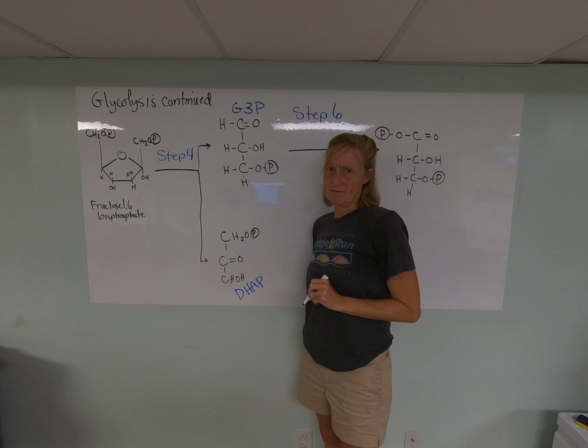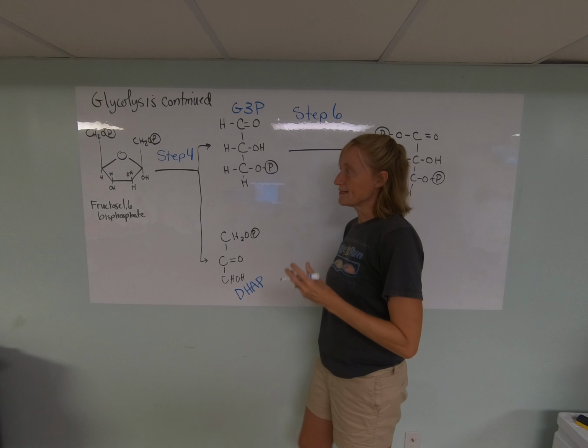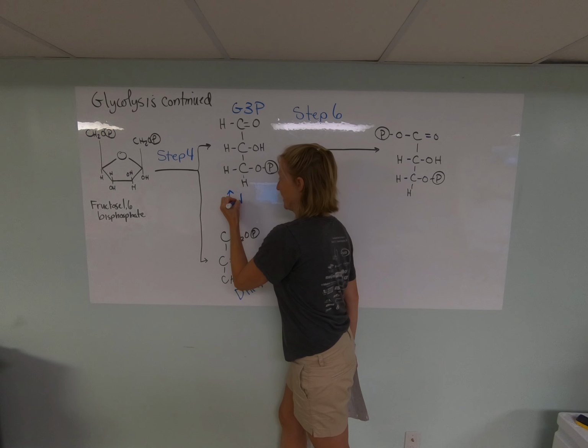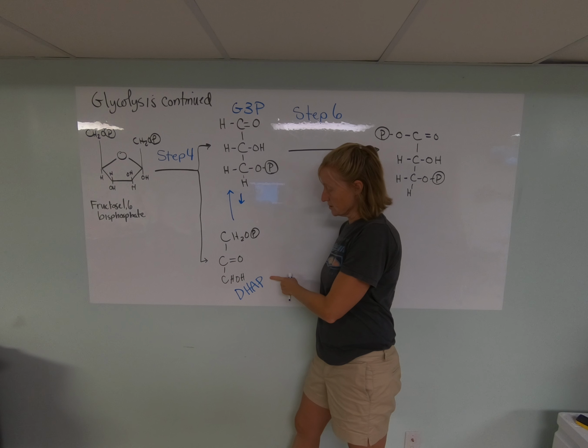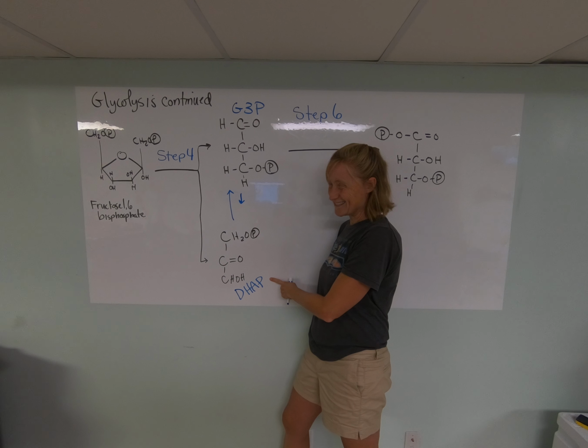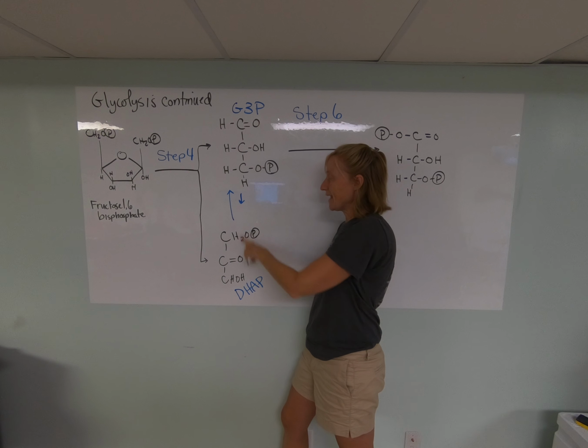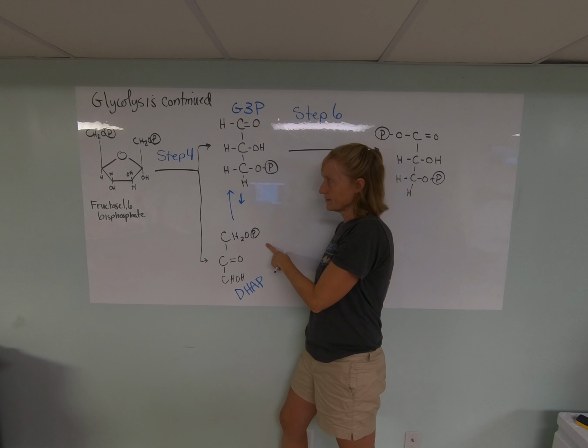Wait, what happened to step 5? Well, in step 5, it turns out that the 2 molecules, dihydroxyacetone phosphate and glyceraldehyde 3-phosphate, can be interconverted.